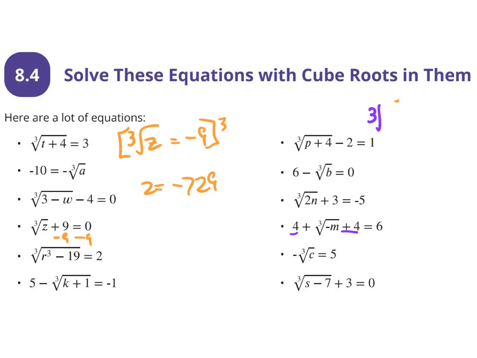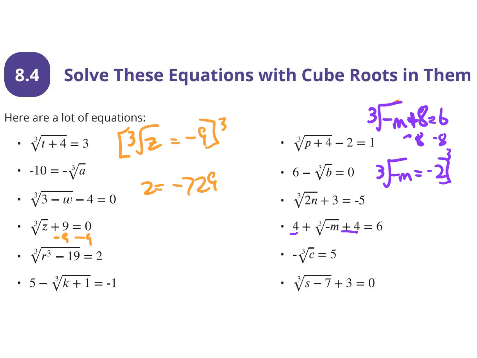Okay, so the cube root of negative m plus 8 is equal to 6. Subtract 8 from both sides. You get the cube root of negative m is equal to negative 2.